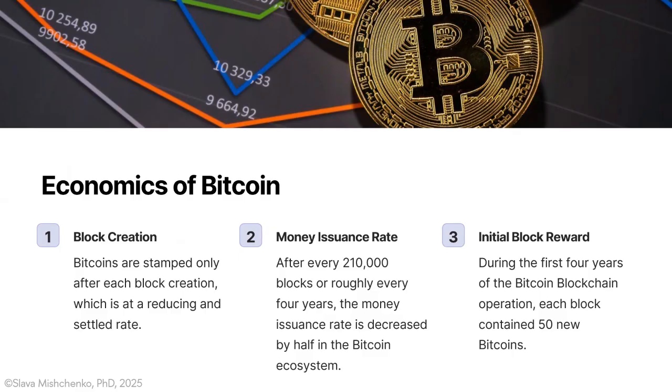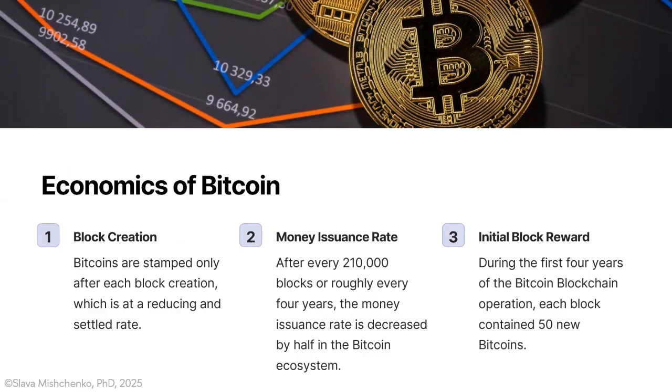But here's the clever part: the rate at which these new Bitcoins are created follows a strict predetermined schedule that's built into the code. And what is very interesting, in my opinion, is the so-called halving mechanism.